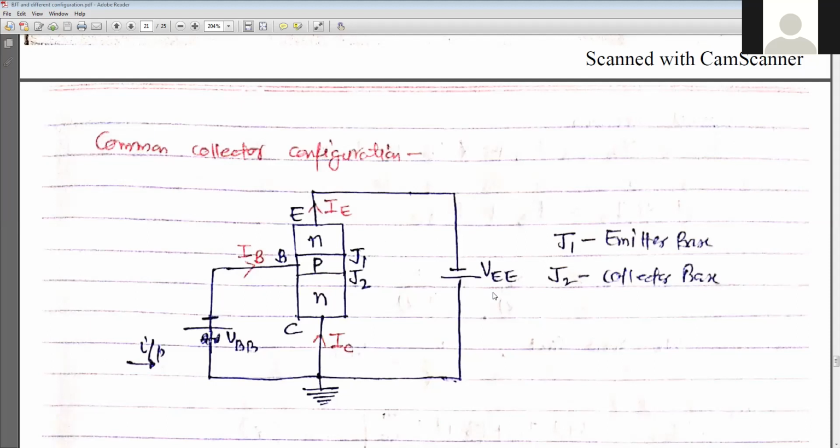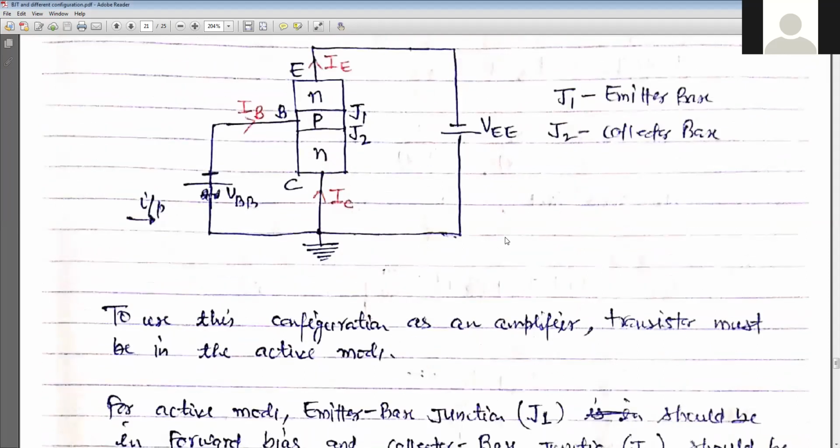We have discussed this many times, and I'm just doing this as an example. Since we want to use all these configurations as an amplifier, we need to use them in active mode.